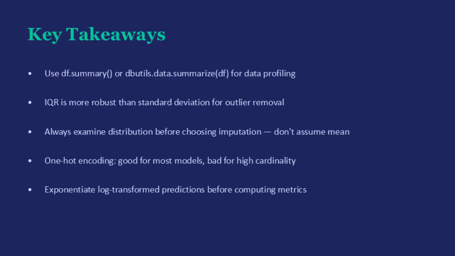Always examine the distribution before choosing an imputation strategy. Don't default to the mean always. One-hot encoding works for most of the models, but not for the features where you have high cardinality. And I will say it one more time. Exponentiate log transformed predictions before computing evaluation metrics. This will always show up on the exam.